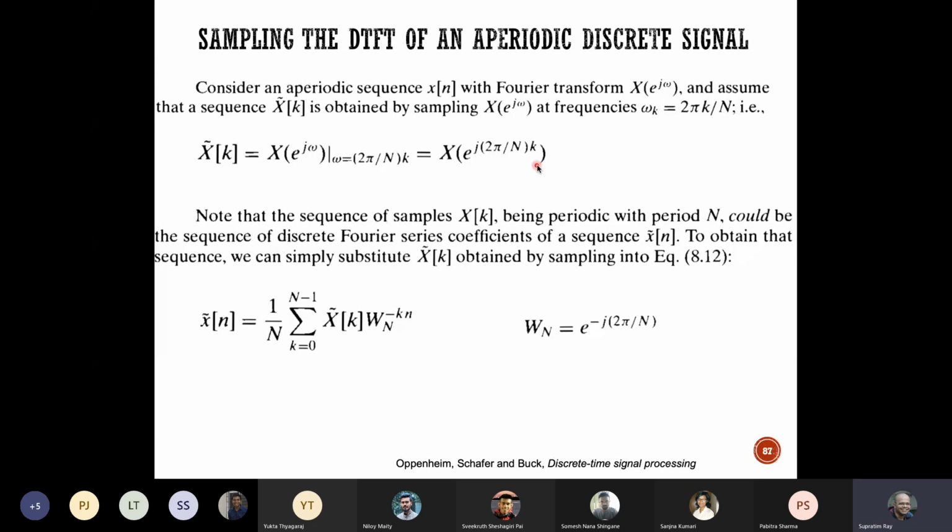Okay, so that's that. So now let me show you the proof. The proof is actually quite straightforward. I'm going to say that this is a discrete Fourier series coefficient. So I can construct my original signal by just using the synthesis equation, which is given by this.